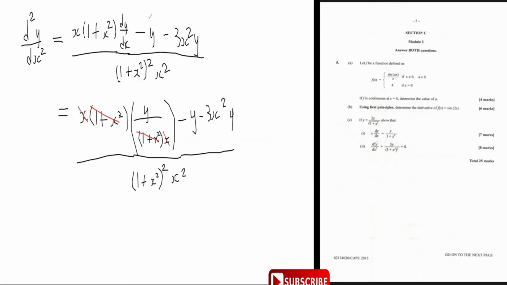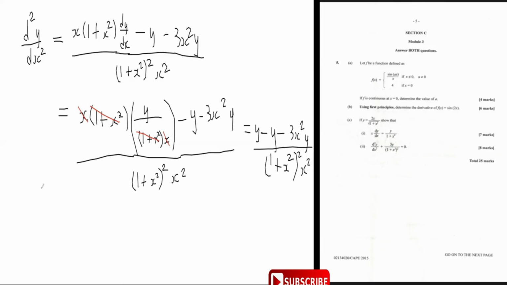Nice, so the numerator works out to be y minus y, that's gone. So it's just y minus y minus 3x squared y over (1 plus x squared) all squared times x squared. Now it just gets so basic, so boring.